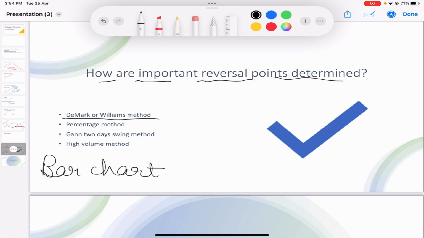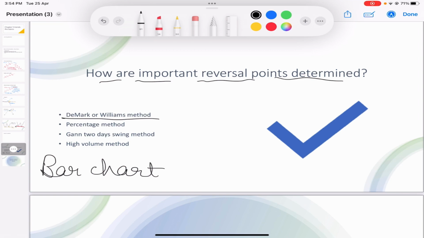So using the number of bars on either side of a suspected reversal point, in a low bar for example, the analyst might look for 2 bars with higher lows directly on either side of the suspected trough of the bar. The number of bars on either side can be increased.